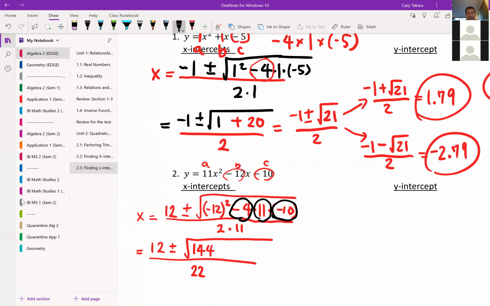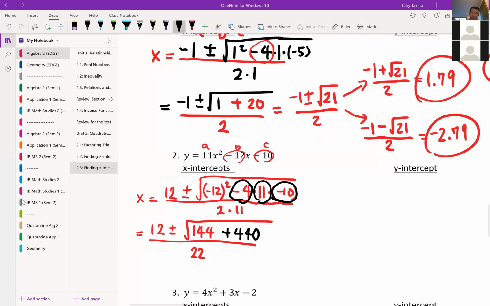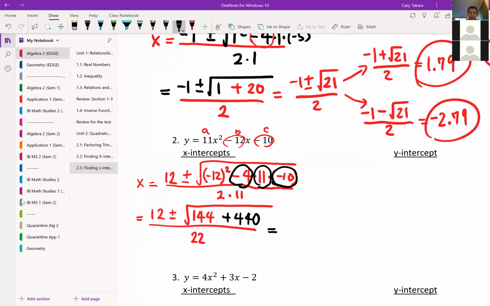Okay, -4 times 11 is -44, but -44 times -10 is positive 440. Which is 12 plus minus square root of 584 over 22.